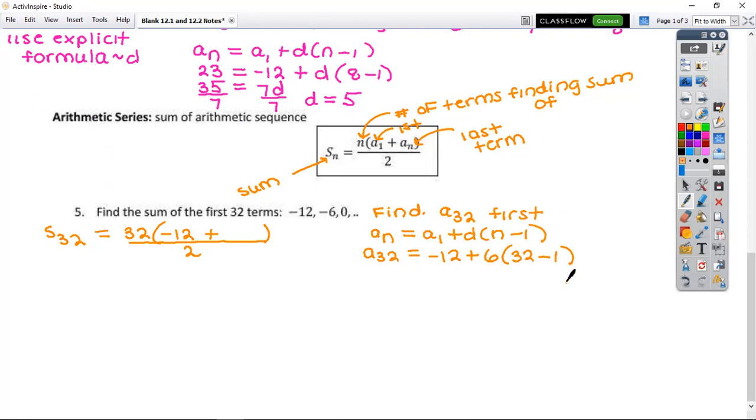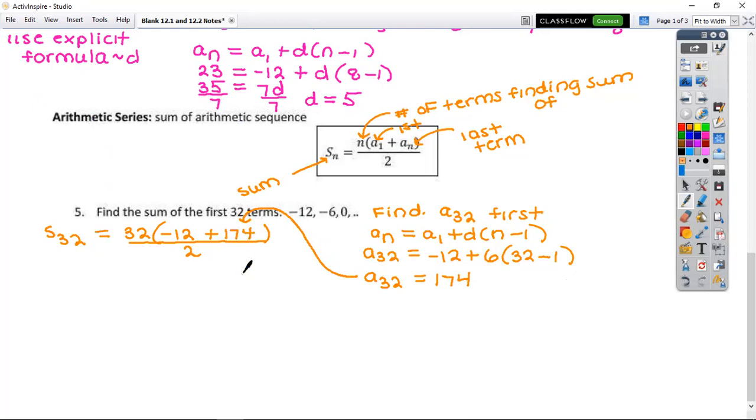You don't have to do all the algebra if you don't want to. So I have negative 12 plus 6 times 31, and that is equal to, did you guys get 174? Awesome. So a sub 32 is equal to 174. And this is going to get placed right here. This is 174.